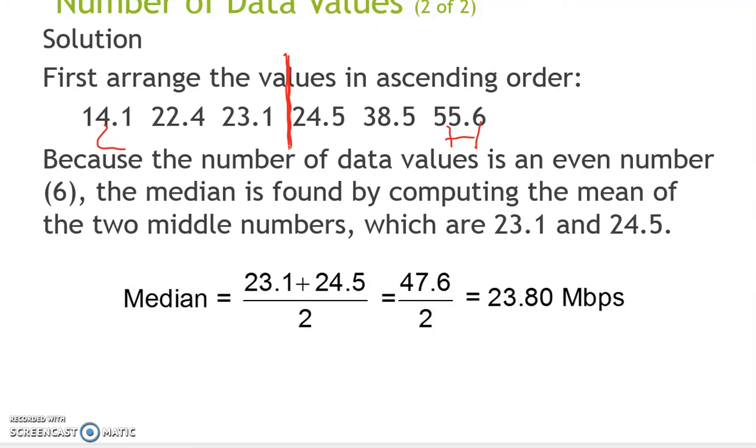Because we don't have one particular value in the right middle. It is in between 23.1 and 24.5. Therefore, we just take these two, 23.1 and 24.5, and find the mean of these two, or average these two. We get 47.6 divided by 2, which is 23.80 megabytes.